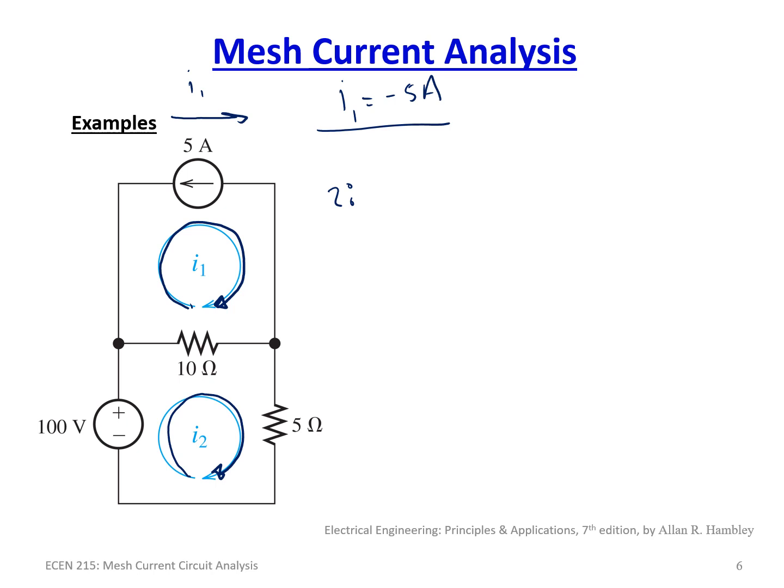We got equation number 2. So what do we got here? We've got 10 ohms going through this mesh. It's going from here to here because this is the flow of the current. This is the way that we're analyzing I2.